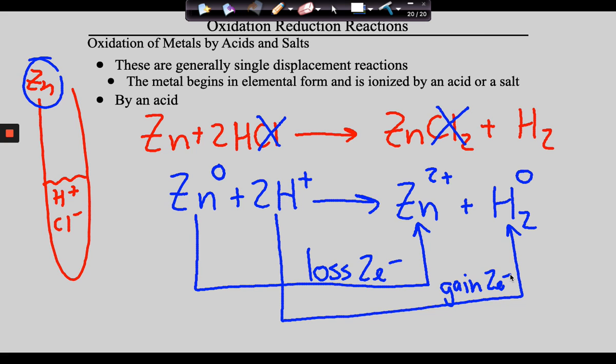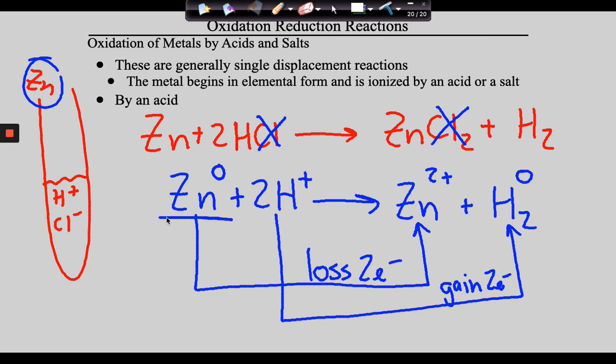Now guys, what happened? It's a weird question. The thing that happened to zinc, is that oxidation or reduction? Oxidation. Zinc is losing electrons.